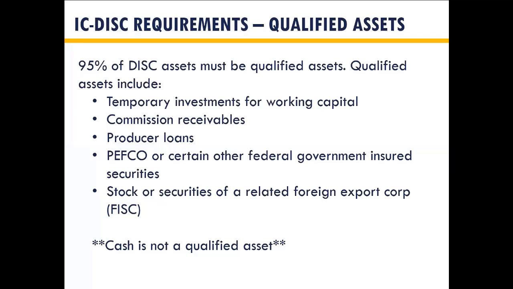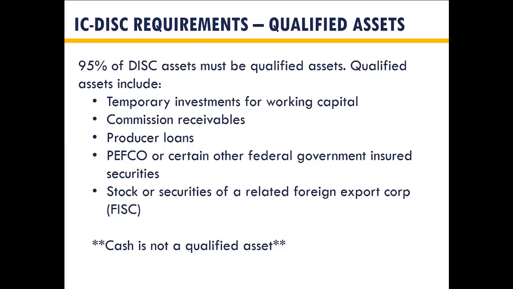The asset that will typically be the largest asset on an IC DISC balance sheet is that second item, a commission receivable. So when you calculate the commission, you accrue this receivable at the end of the year. That is the commission that the manufacturer is to pay to the IC DISC. And for the most part, it will definitely be your largest asset.